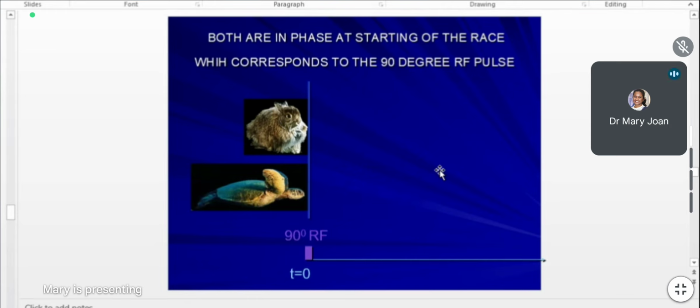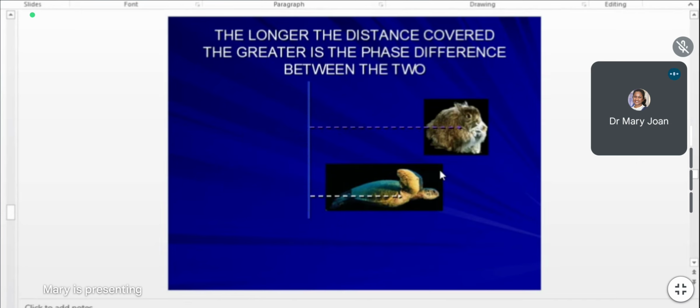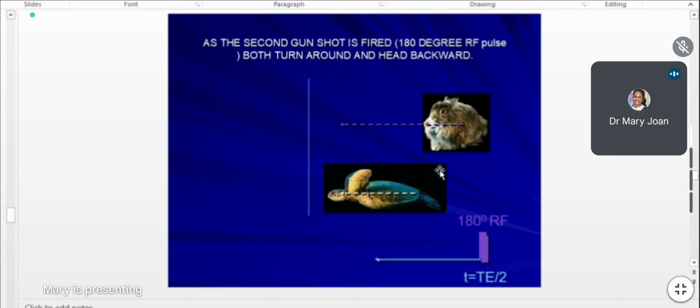So both are in phase at the starting of the race, which corresponds to the 90 degree RF pulse. The longer the distance covered, the greater is the phase difference between the two. As the second gunshot is fired, the 180 degree RF pulse, both turn around and head backwards. You can see when they head backwards, that is also at different phases.